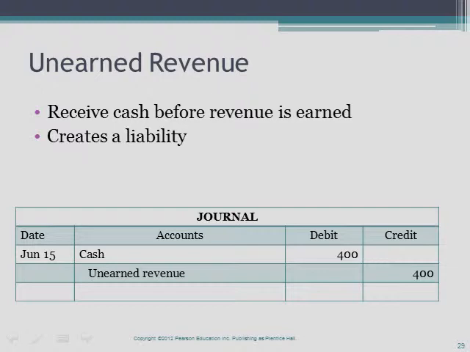So we debit cash because we're receiving cash, but we credit unearned revenue. And then once we've completed the work, once we have no more obligation to provide service or product, we can debit unearned revenue and credit earned revenue.